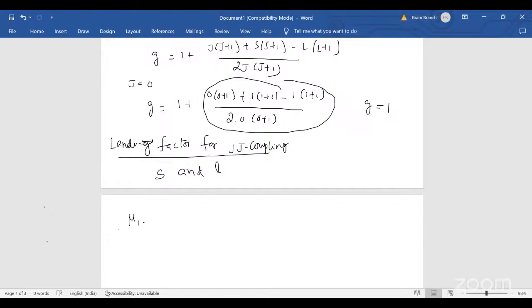For the first electron, mu1 = g1 J1 eh/4πmc. That is the magnetic moment of that particular electron. Similarly, for the other electron, mu2 = g2 J2 eh/4πmc.